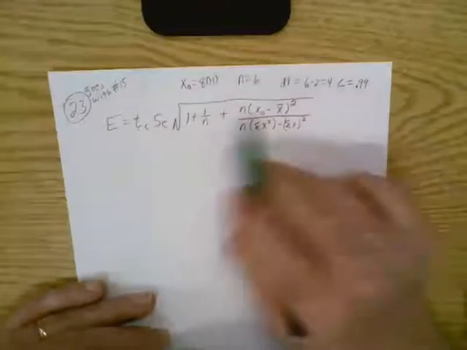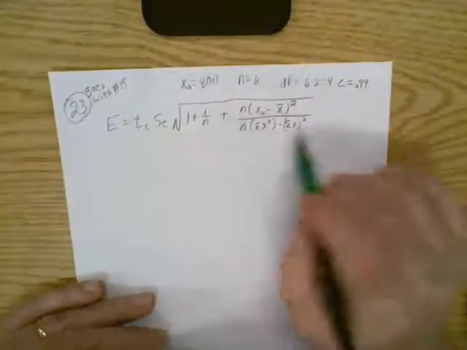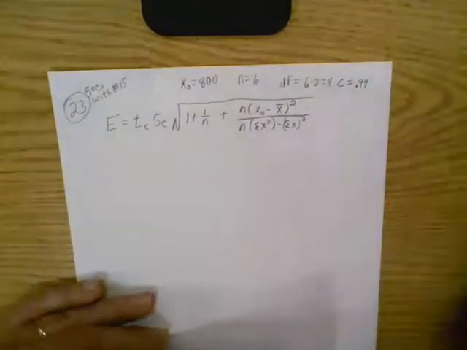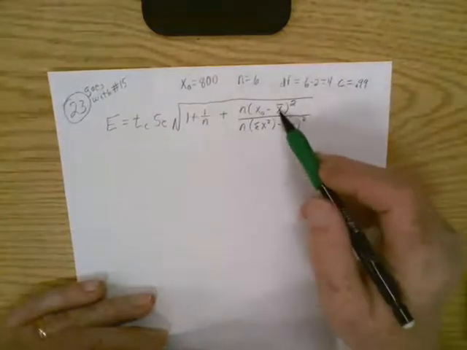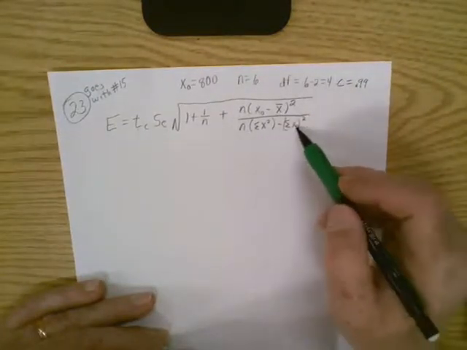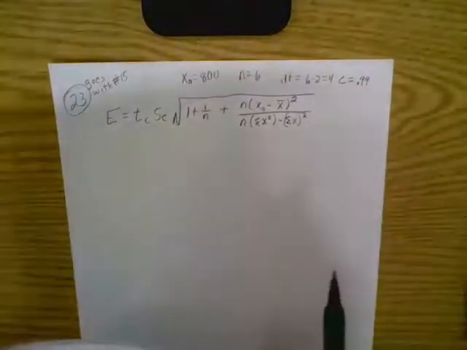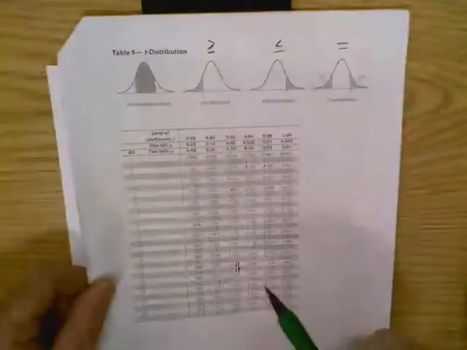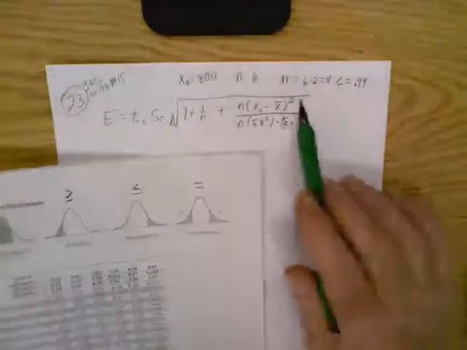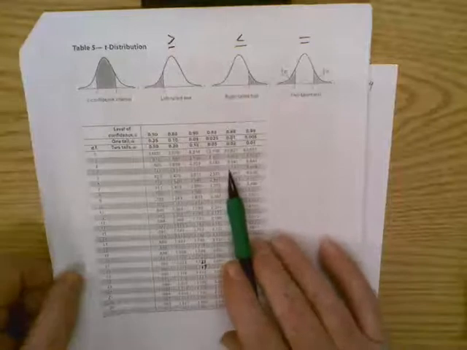We need this TC. Everything else we found in other things are all on the calculator, and we'll get all those, the X bar, the sum of the X squareds, sum of X's, and then we'll have to square it, and so on and so on. So we'll plug in there, but first thing we're going to do is go to this chart, T distribution, and we're going to use 4 and 0.99, 4 and 0.99.